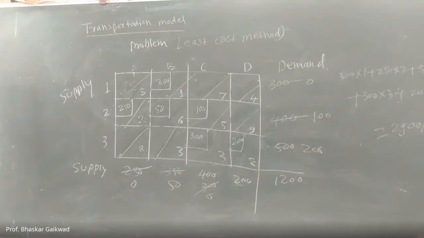So this is our least cost method. We select the least number and after that we allocate the supply or demand which is the minimum. And that minimum value you have to deduct from the corresponding demand or supply. Okay. And you can calculate your transportation cost. Anybody having any problems?